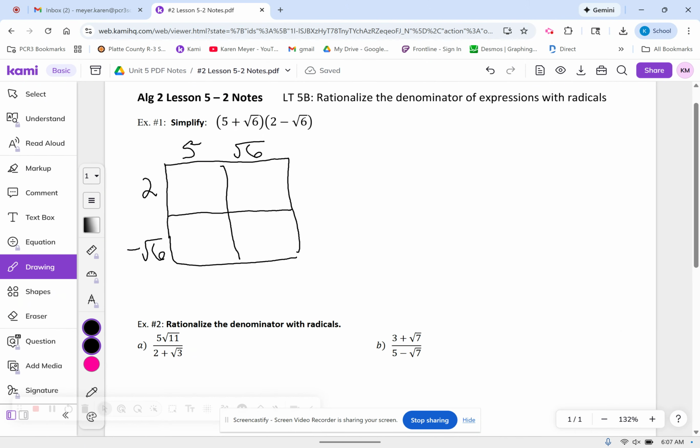Now, over here to the side, here's a few things that you have to know when you're multiplying radicals. When you're multiplying radicals, you can multiply outside numbers together.